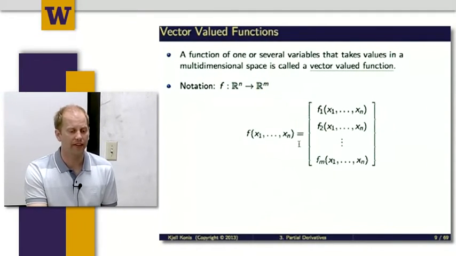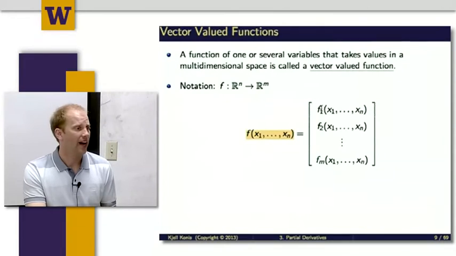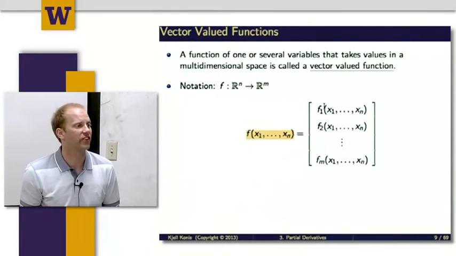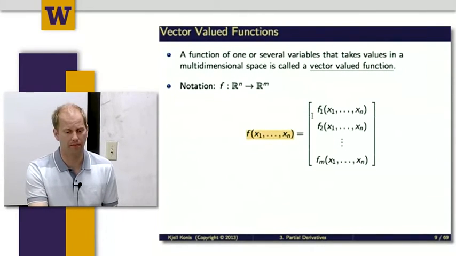And the way to think about this is you have f of my n inputs. I can have m different sub-functions, each one of whom returns the element 1, 2, 3, up to m of the vector of outputs.